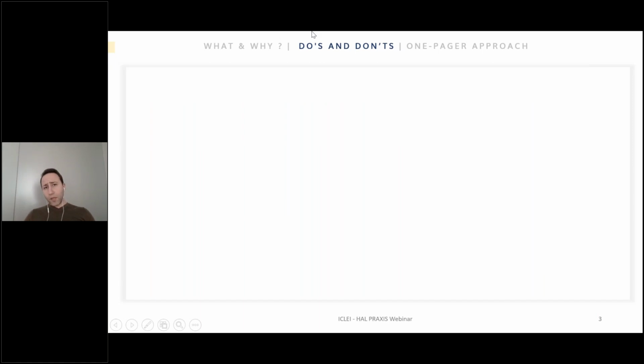So let me now go into the second stage, because I guess we all agree on why we need a feasibility study. I guess we're all aligned that it is crucial now. Now let's discuss a few tips about what you need to do to get it right, and what you need to get out of your head completely. You need to shift-delete some things when it comes to feasibility studies or pre-feasibility studies.